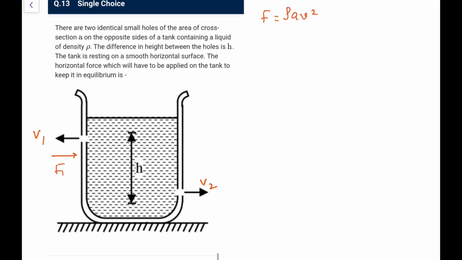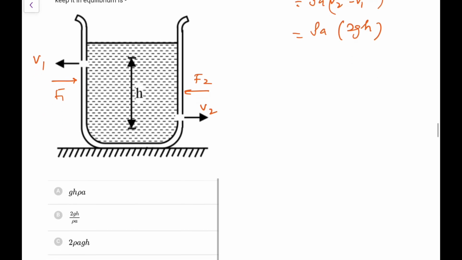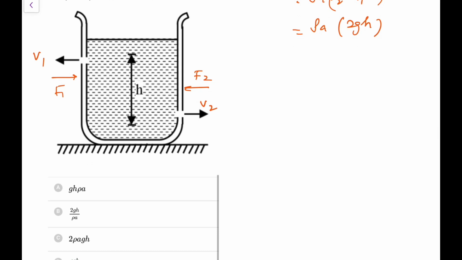So this will exert a force F1 on this side, this will exert a force F2 on this side. So the net force on the container will be F2 minus F1. Definitely F2 would be more. That would be rho A times v2 squared minus v1 squared. And v2 squared minus v1 squared you can directly make out as 2gh. So that is the force we are looking for. Just look at the options. This comes out as option C.